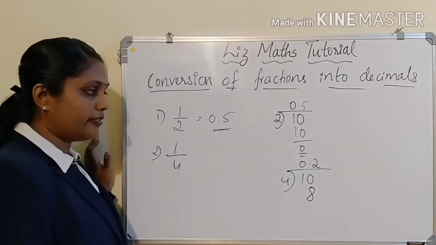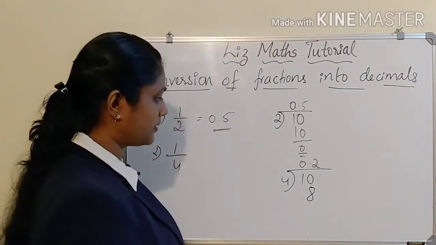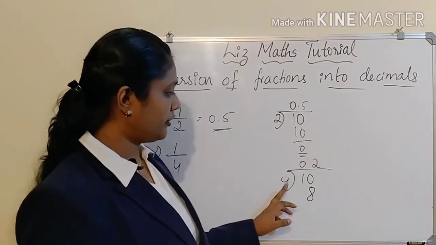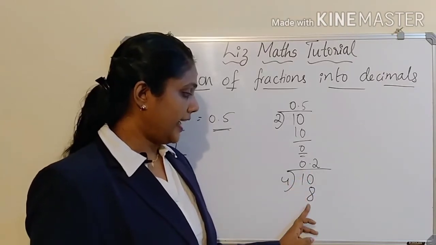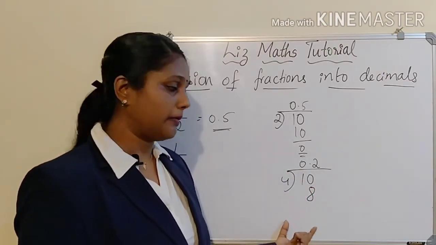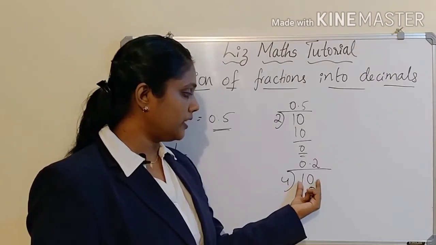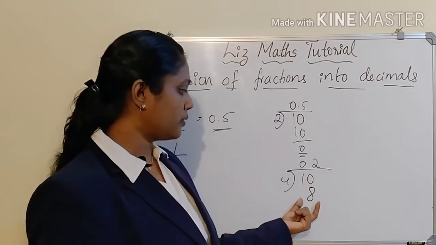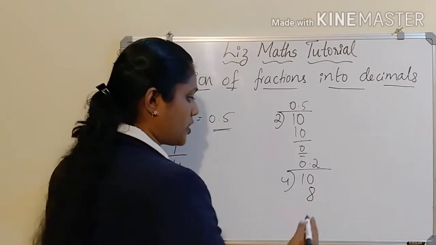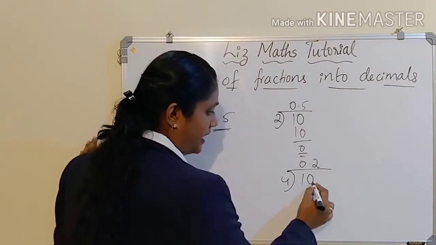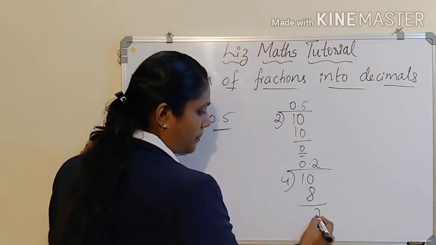Then 4 3s are 12. See here, 4 1s are 4, 4 2s are 8, then 4 3s are 12 coming. So 12 is greater than 10. So we have to go for 4 2s are 8 here. Then what is the remainder? From 10, 8 goes, remaining 2.